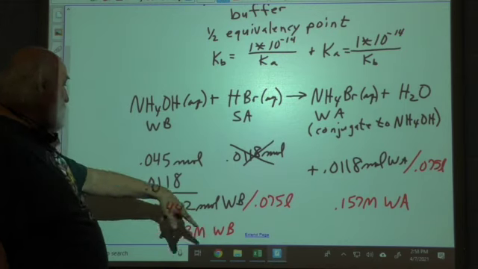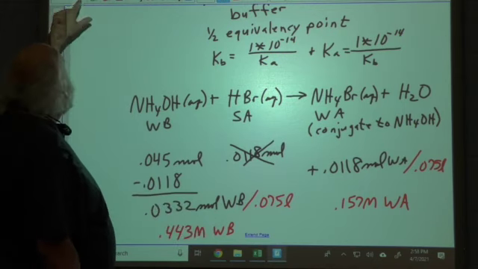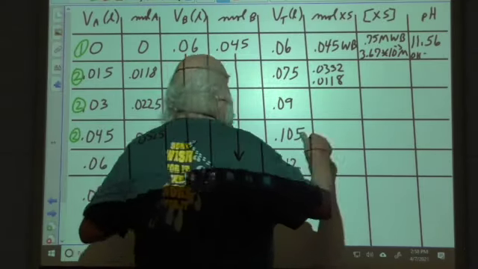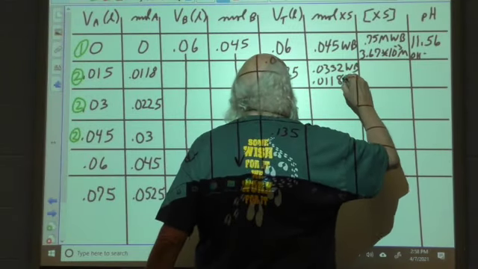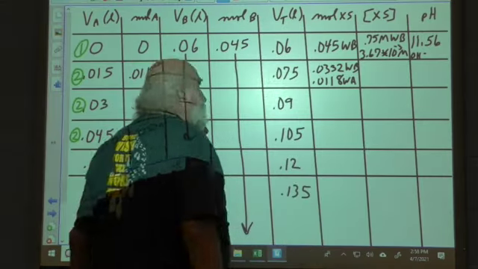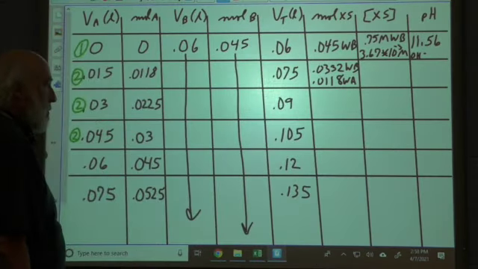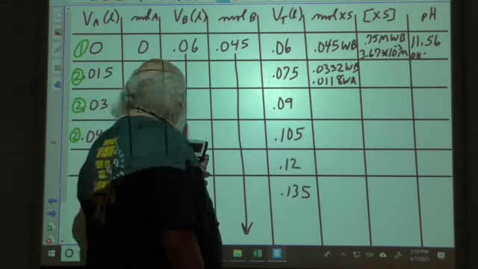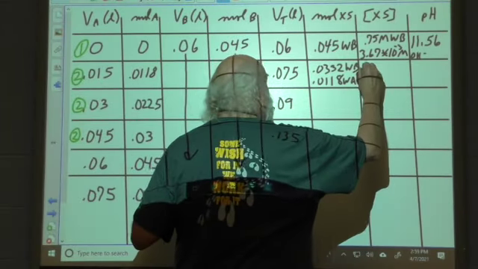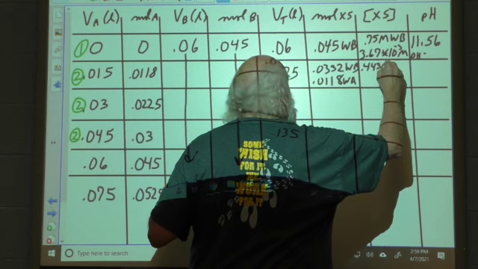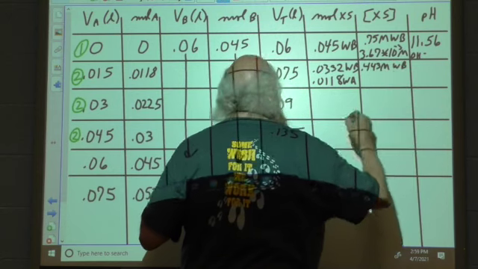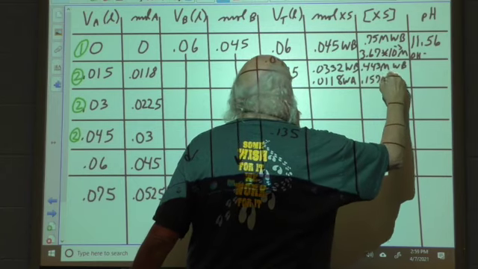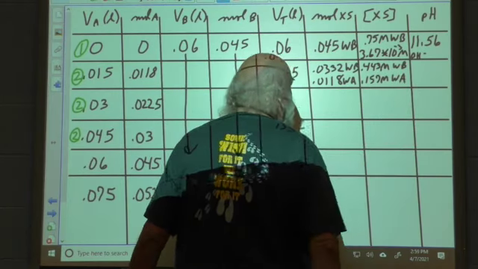So yeah, base is the 0.0332. So that's weak base, and this is weak acid. Okay, so then we divide them by 0.075, and we got 0.443 moles per liter of weak base, and we got 0.157 moles per liter of weak acid.